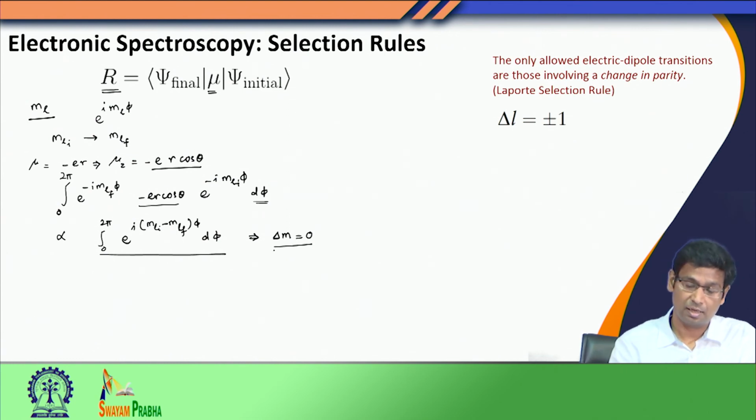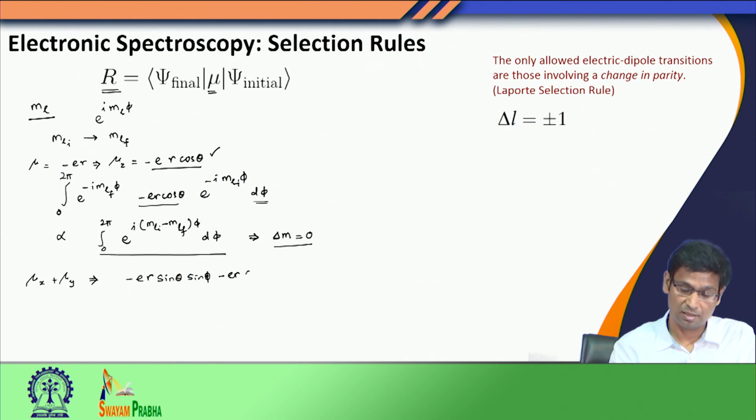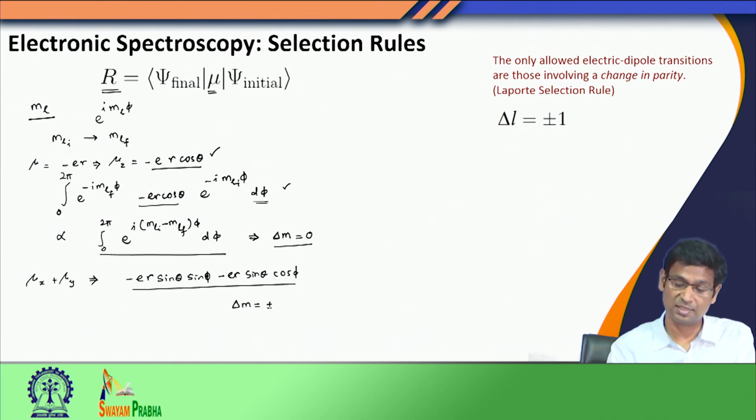This is one condition, but mind you, we just took mu z. We have not considered mu x and mu y. So if we consider that, the operator will become er sin theta sin phi minus er sin theta cos phi, and when I use these expressions in this integral, I would see delta m equals plus or minus 1 would come out as the selection rule.